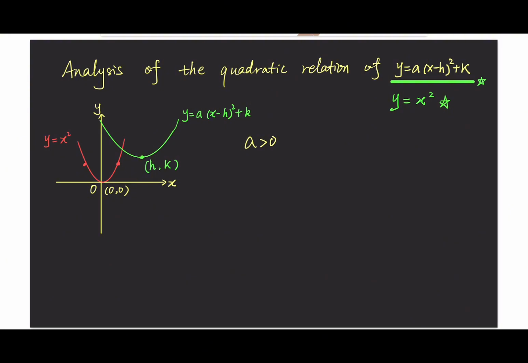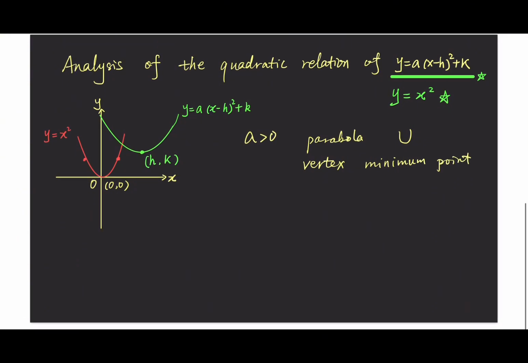So we say the parabola opens upwards. In this situation, the vertex should be the minimum point on the graph.